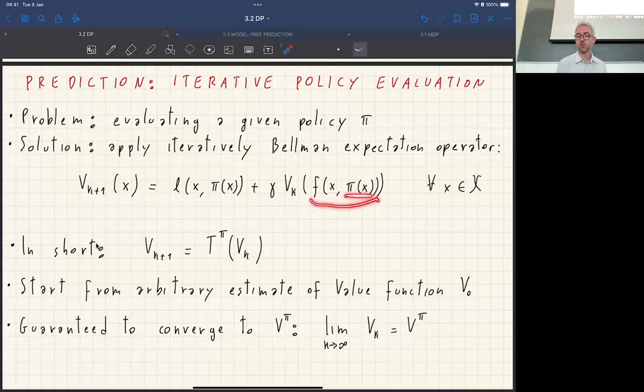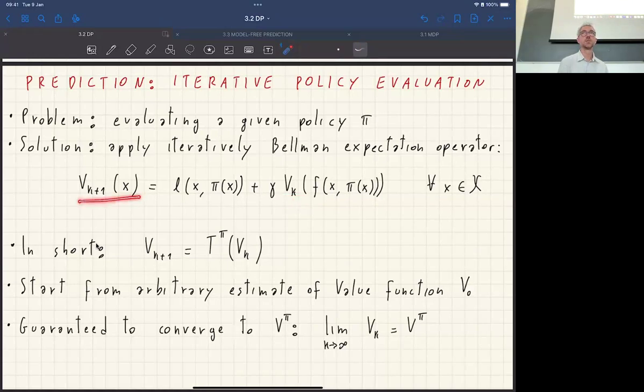Again, assuming you're using policy pi. And that gives you your new estimate of the value. And remember, this initial estimate of the value can be total nonsense. Doesn't matter. So typically it's going to be 0.